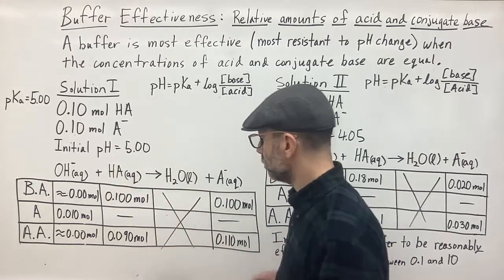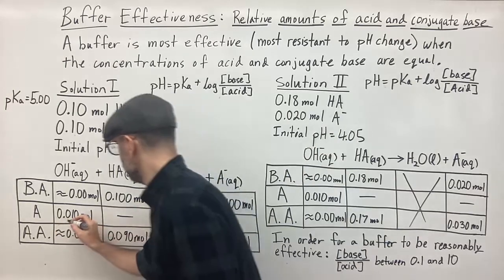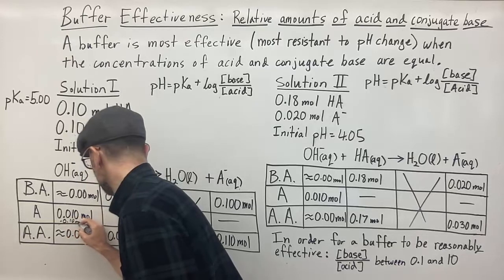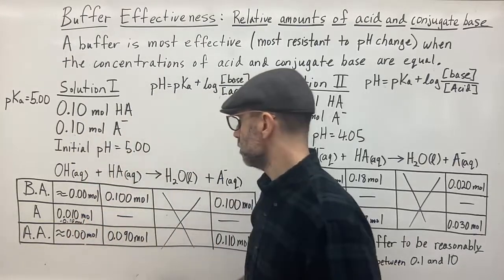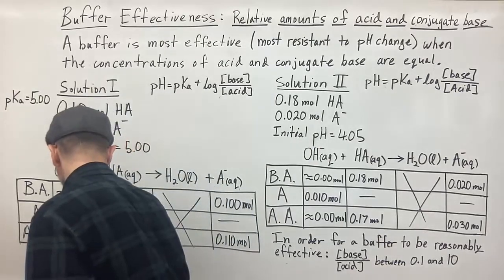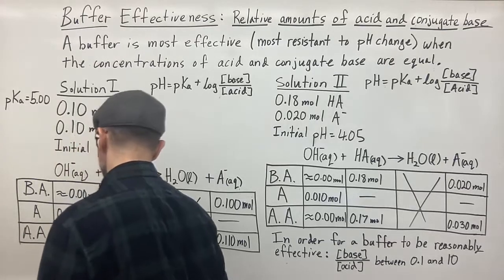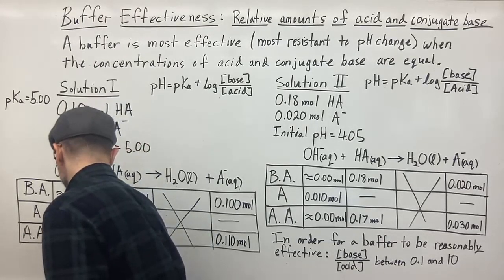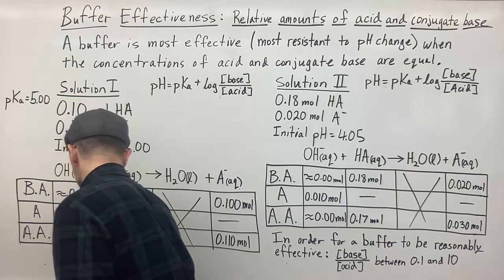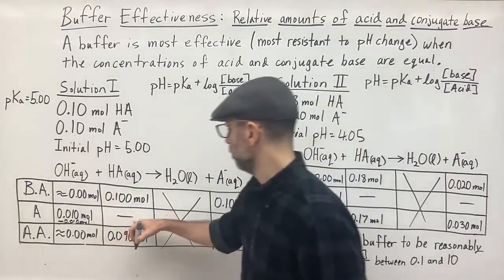So here we're losing 0.010 moles of the base, which means we're going to be losing the same amount of the acid.